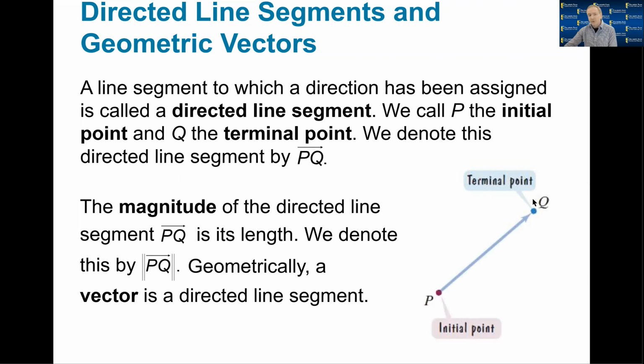Now, if we do directed line segments and geometric vectors, then we can say any line segment can represent a vector. This is the vector PQ, where clearly this vector is taking the initial point P to the terminal point Q. So the magnitude of this would just be given by the length of that line.